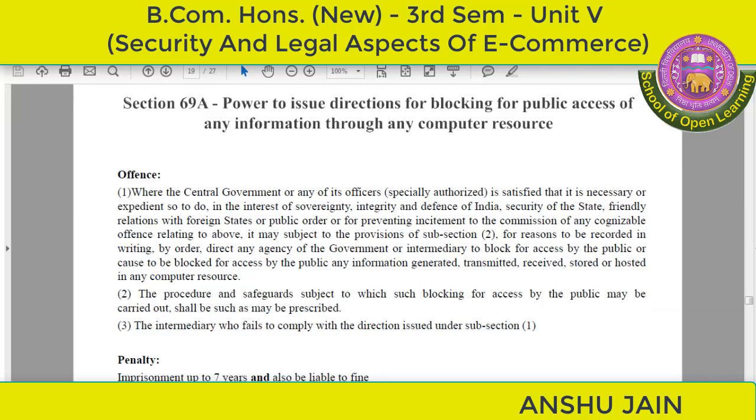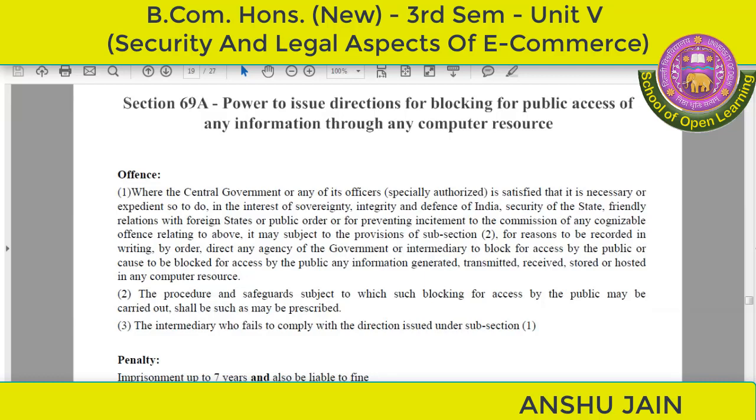Basically, you are using your directions, using your powers and directing the individuals so that some kind of access cannot be taken by the public to any information using some kind of computer resources.